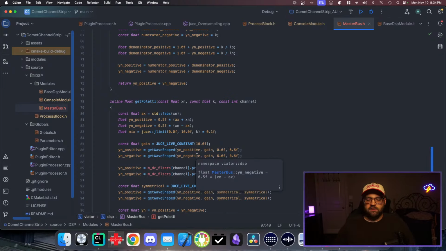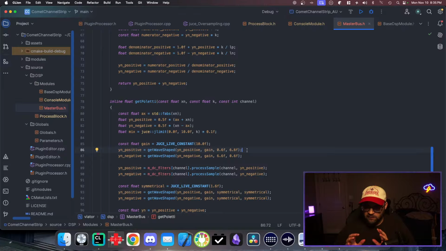Also, having some random noise in your DSP will make it so that if you have a track in Logic and you put your plugin in and you bounce it out and then you bounce it out again, you take those two bounces, you flip the phase of one and add them together, they're not going to cancel out. They're going to almost cancel out. You're going to hear the signal just very small little blips and bloops of it, and that's because of the random values being different. So that's a neat trick.